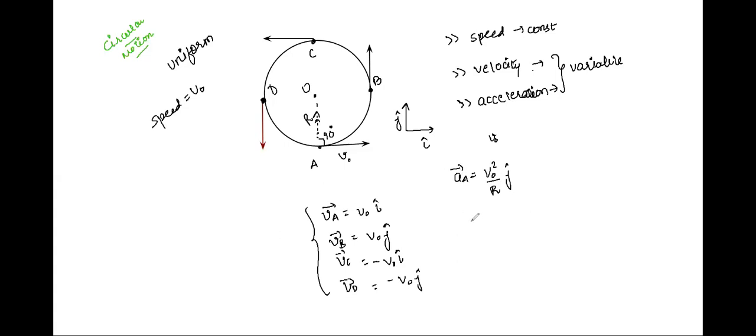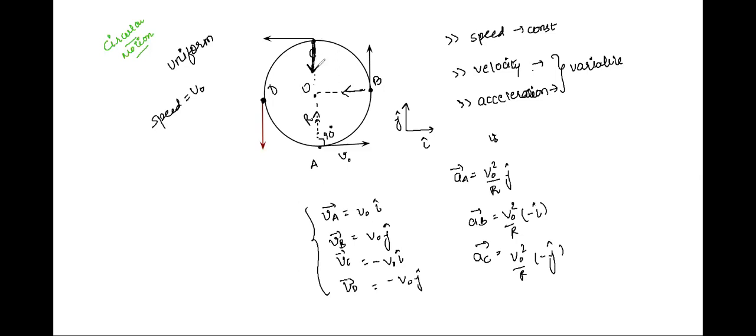How about acceleration at B? It will again be towards the center, so it is V naught square by R times minus I cap. Acceleration at C is again V naught square by R times minus J cap, because it is directed towards the center and therefore downwards.